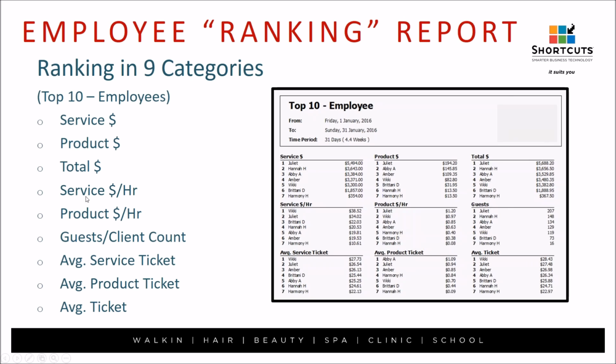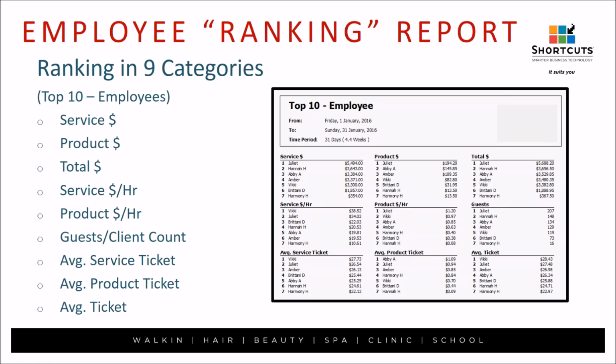The other one is service dollar value per hour. So who's making us the most per hour is what that's showing us, and from top to bottom in terms of services. The next one is product dollar per hour. So again, who's making us the most in product sales per hour. And then we have the guests or client count.